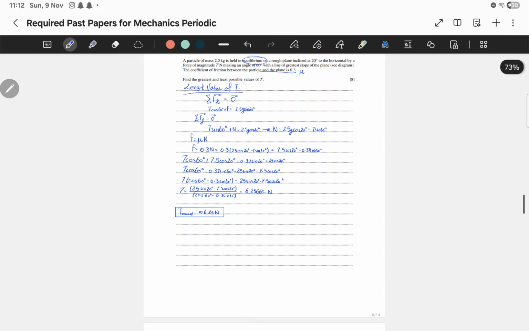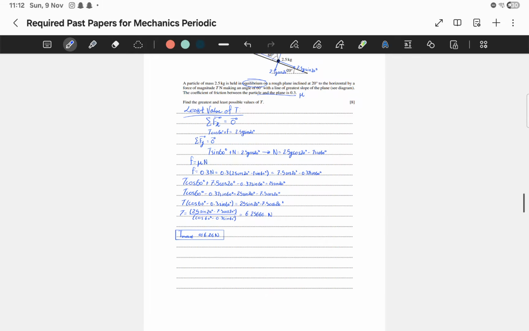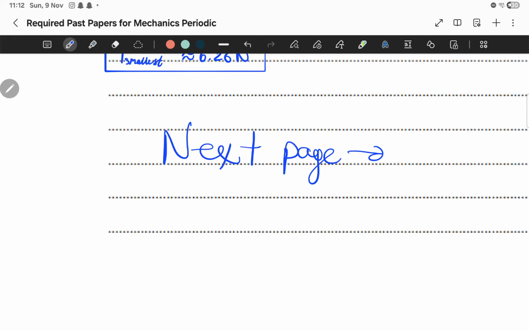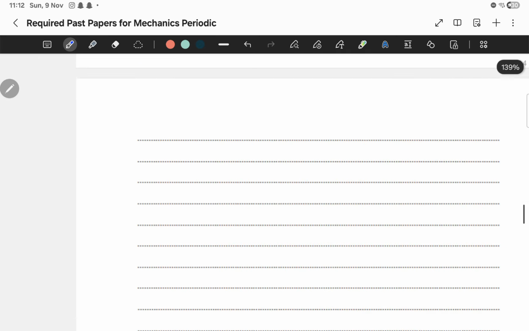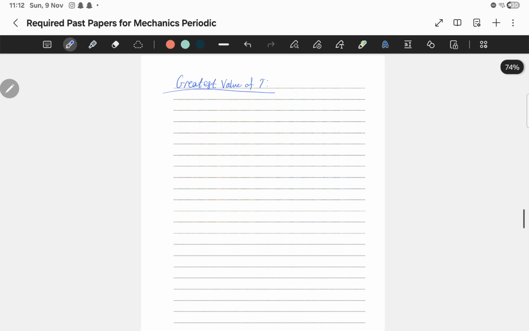Now I'm going to use the second page because I have a whole page to do the greatest value of T, and I feel like it'll be neat. So I'm just going to write, for whoever is checking this paper, next page. Okay, so now greatest value of T. Everything stays the same for the greatest value of T except one thing.